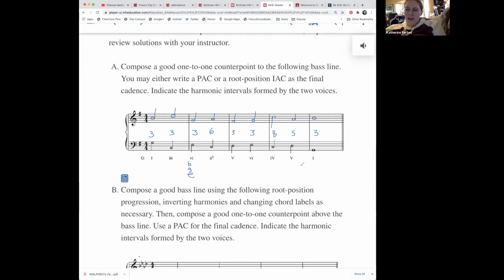Is it because it's an octave apart and not a perfect unison, like the same note? Yeah, I think you're right.